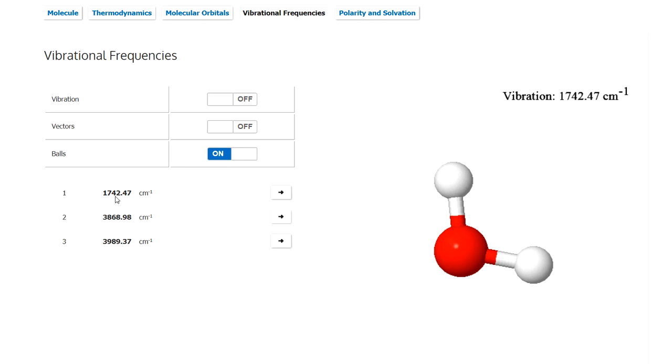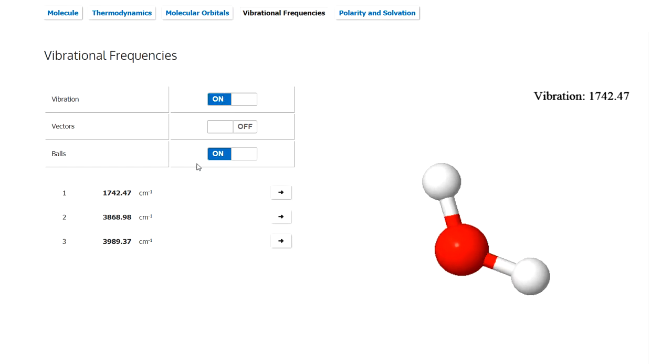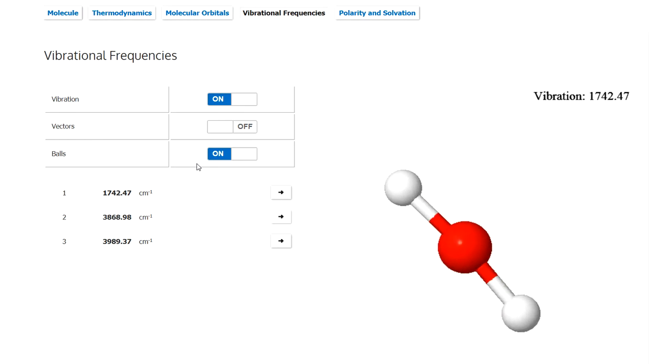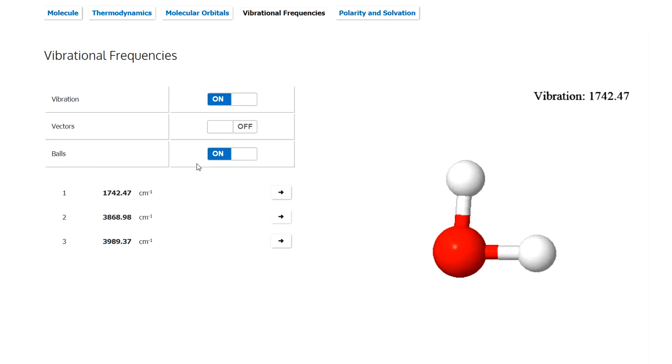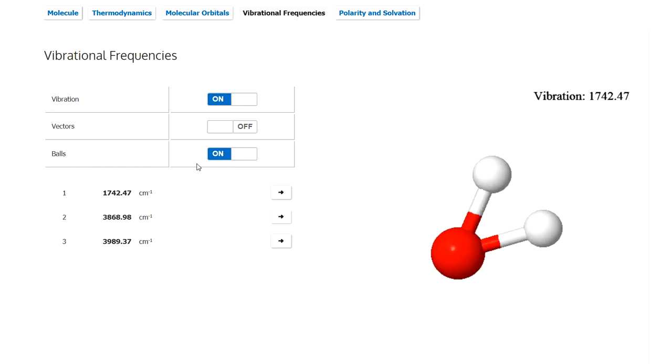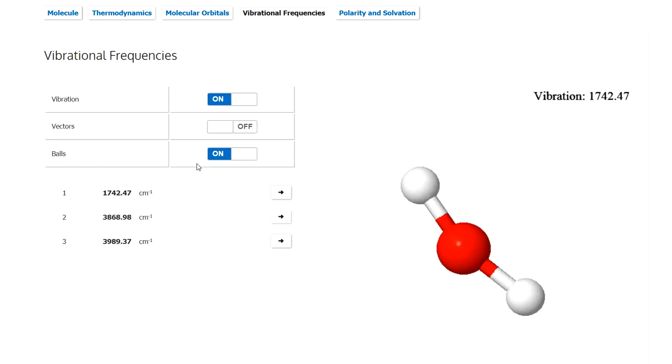So the lowest frequency one is a bending motion, as you can see. Obviously, it doesn't bend. There's a little bit of stretching associated with that motion too, by the way, but it's mostly a bending type motion. And because the molecule is polar and it's changing its structure, there's an oscillating dipole associated with this, so it's infrared active.